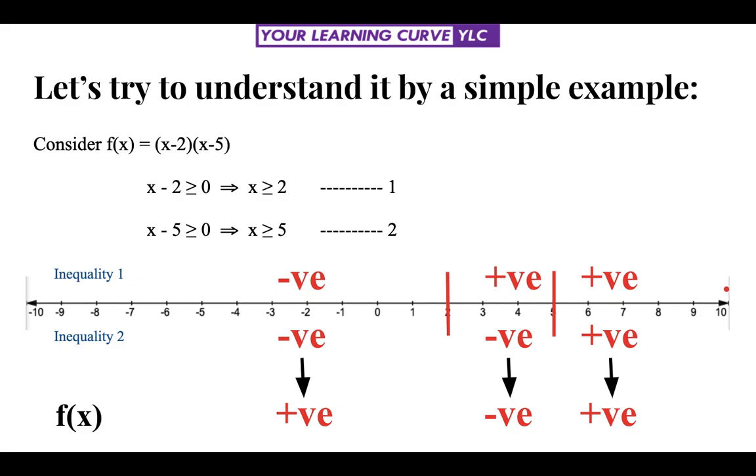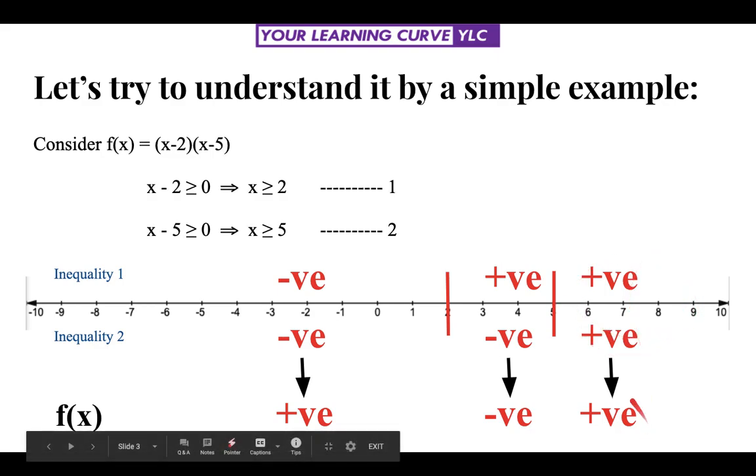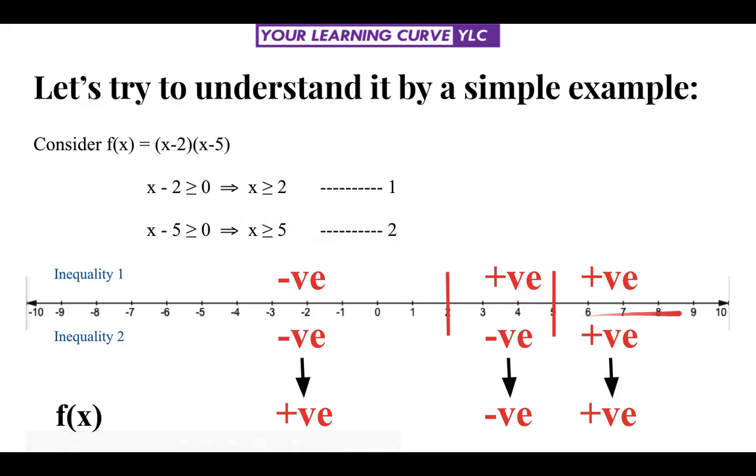As we reduce the value of x from plus infinity, both factors are positive till what? Till 5. Till 5 both factors are positive, hence the product will be positive, meaning f(x) will be positive for x belonging to 5 to infinity.